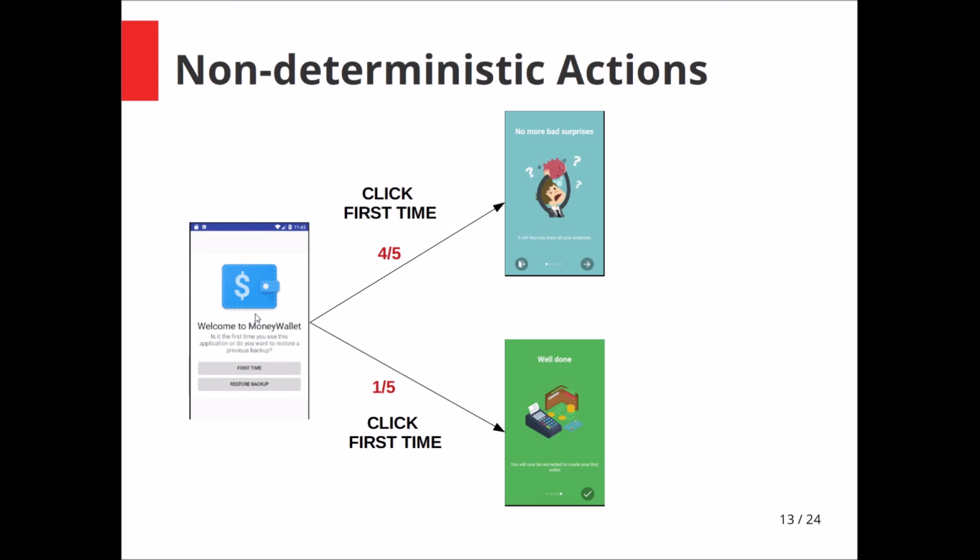Here, the click on first time leads to two distinct states, but in favor for the state shown on top. Whenever we need to predict such an action, we take the transition with the highest frequency counter.